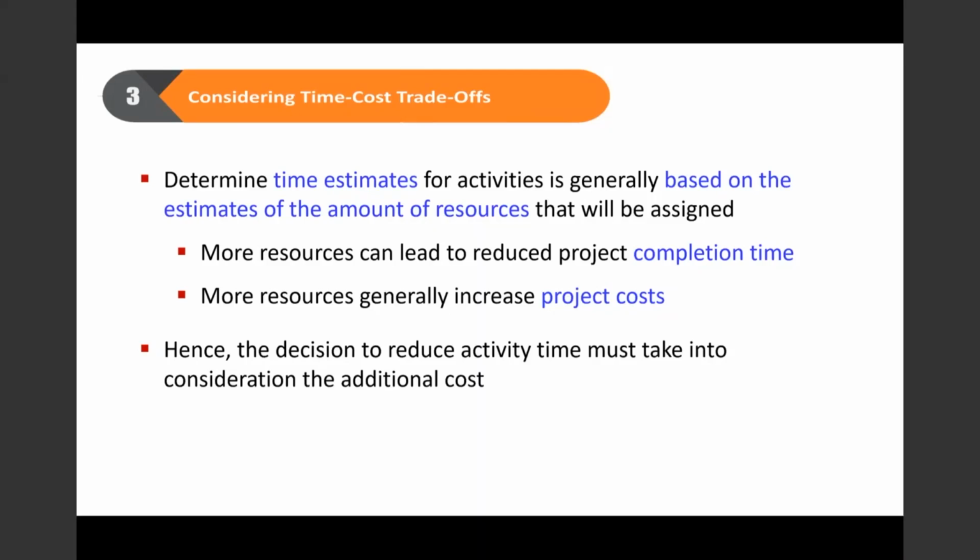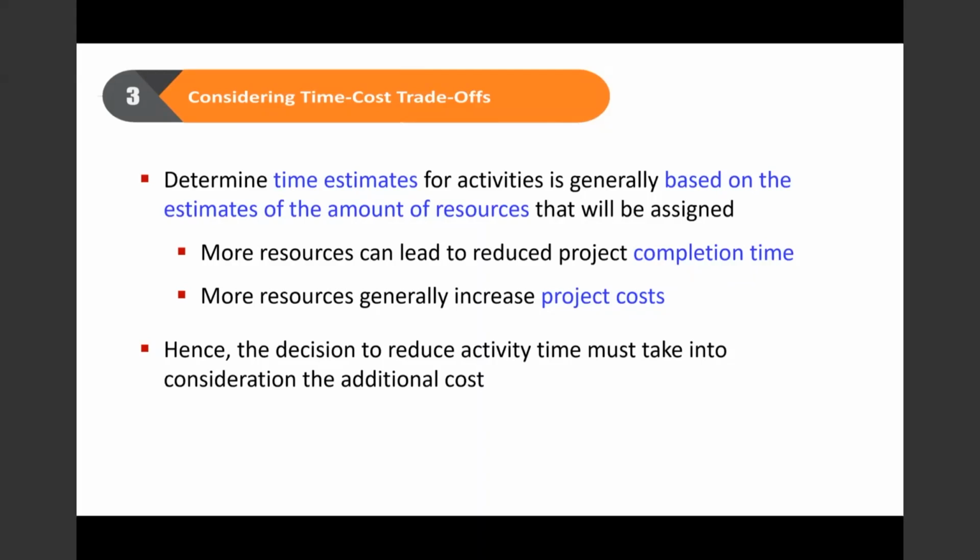It makes sense, isn't it? When we have more resources, let's say a particular activity requires 5 weeks to complete with 10 people. If I put in 15 people for the same amount of work, I would expect it to take less time, right?